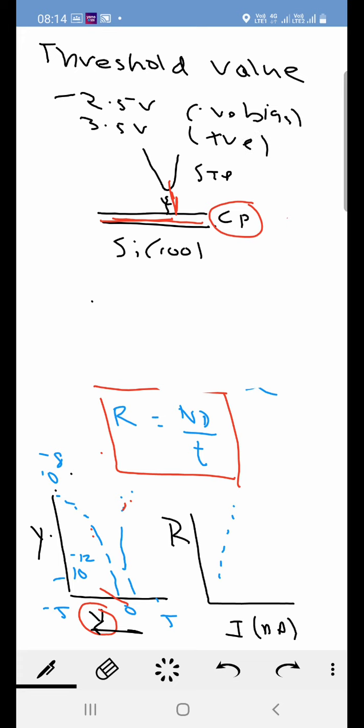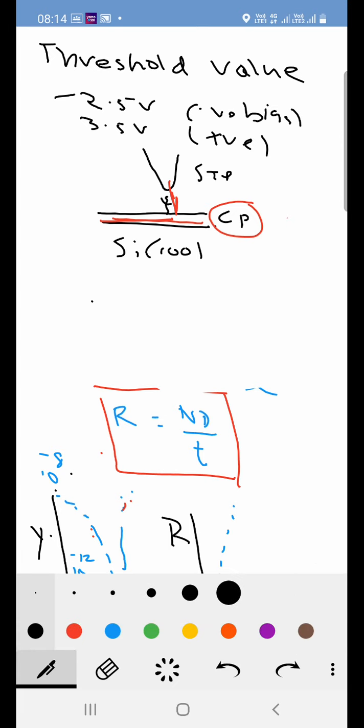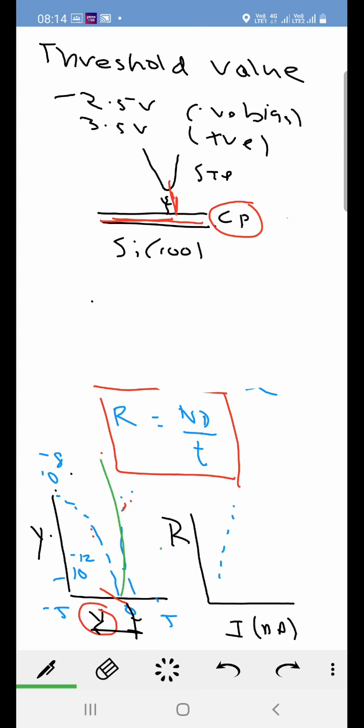That means this value is minus 2.5, whereas this value is 3.5 volts.